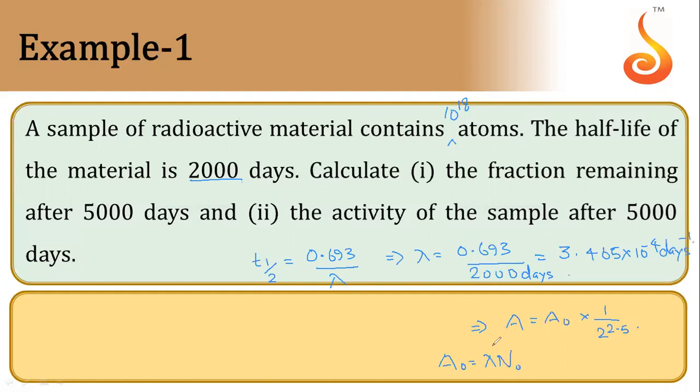Now we need to calculate the value of A. So A is equal to A naught, and A naught is lambda into N naught into 1 by 2 raised to power 2.5. The lambda value we have calculated is 3.465 into 10 raised to power minus 4, into the N naught value, which is 10 raised to power 18, into 1 by 2 raised to power 2.5.